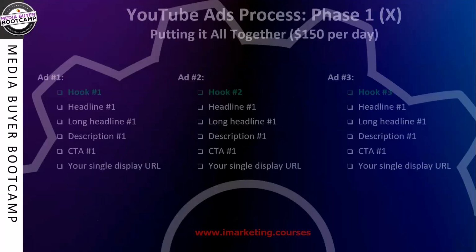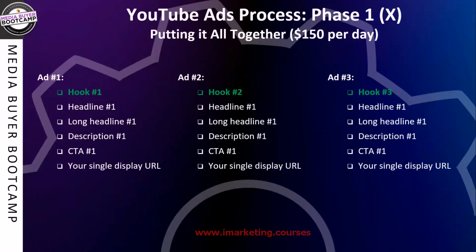Just in terms of the ads, you're going to put the same 3 ads into your ad groups, okay? I've just simplified it here. I asked you to prepare several headlines, and the reason is because you're going to do all the heavy lifting and have these assets at the ready when you start launching your campaigns. But for now, when you launch, you're going to go with headline 1, long headline 1, etc. The only difference is that you're going to be using hook 1, hook 2, and hook 3 in your different ads.